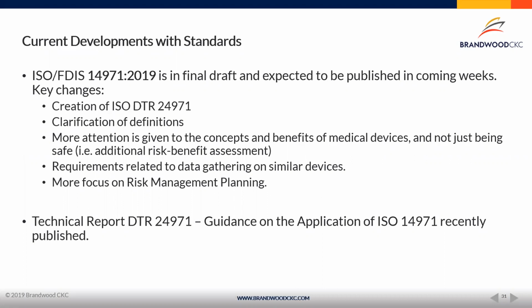But what the new version of 14971 is really focusing on is getting the plan so that it matches up with all the steps and all the considerations, assumptions, foreseeable misuse. All of those things are put into the plan so that it's very obvious to a regulator, to any external body, the steps that you're going to do and did, and obviously the report will follow the did part, but so that they understand everything that you've done in the space.